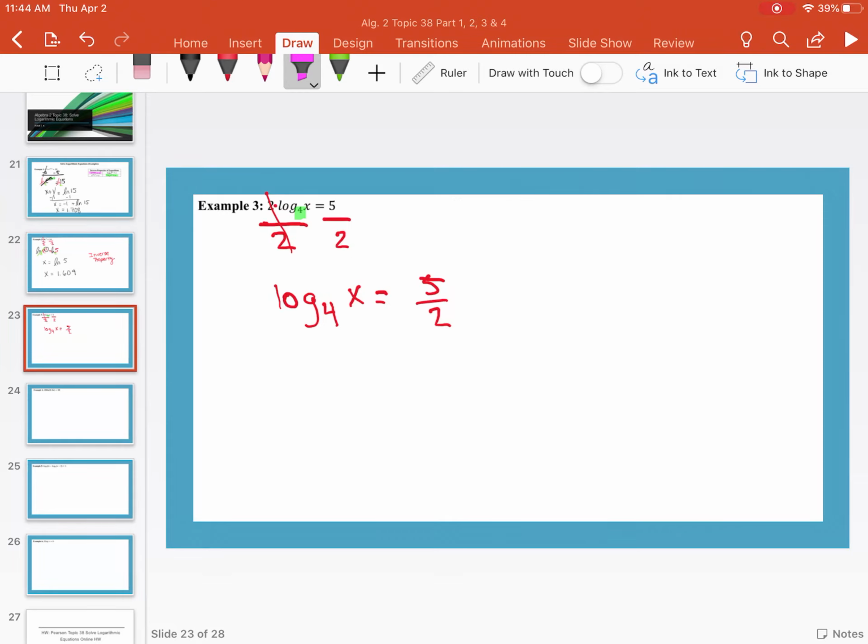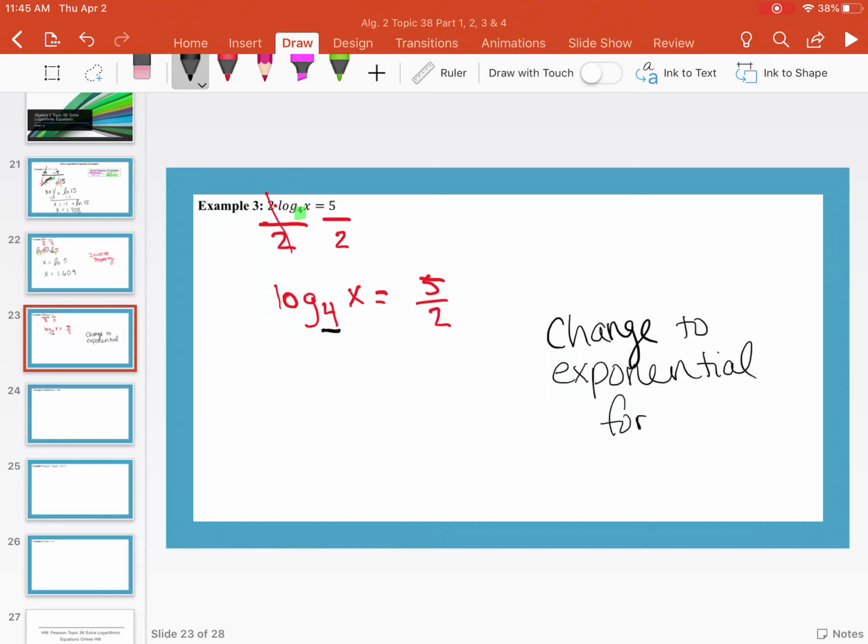So moving back to example number 3, because my base is 4 here, I'm going to exponentiate both sides, or change to exponential form. And that's because I'm following the inverse property of b to the log base b of x equals x.